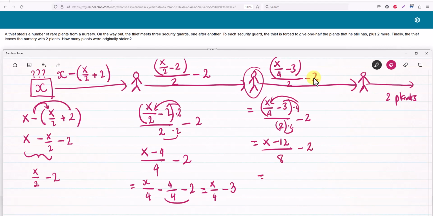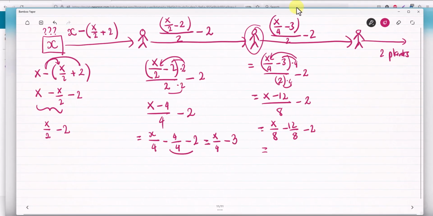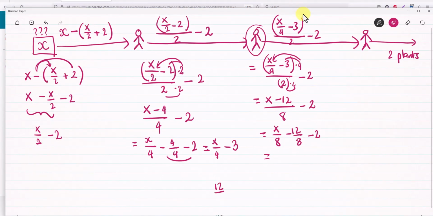Let's simplify this further. We have x over 8, minus 12 over 8, and minus 2. You can simplify minus 12 over 8 further. If you divide by 4, top and bottom, you get 3/2, right?